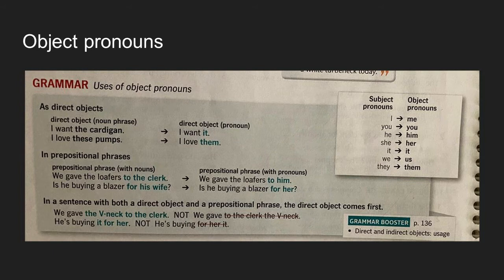In this case, we can say that the object pronouns are the words that we use to substitute a name or a thing, right? We use the object pronouns to avoid repetitions.